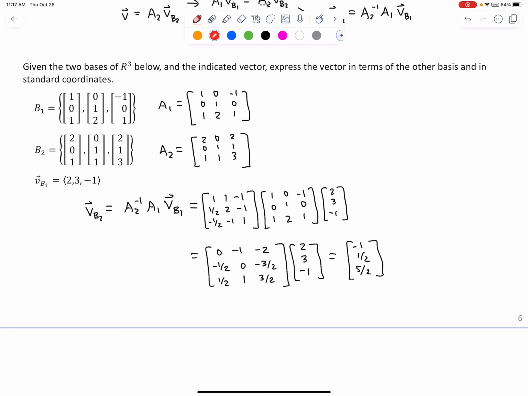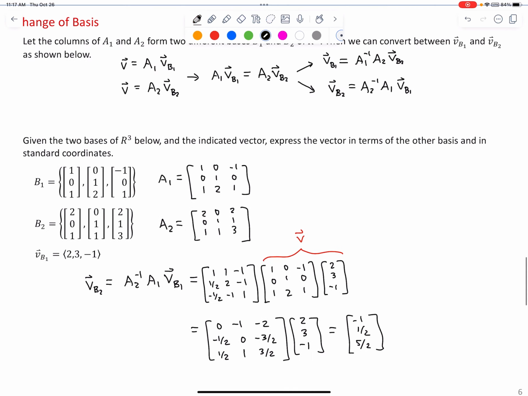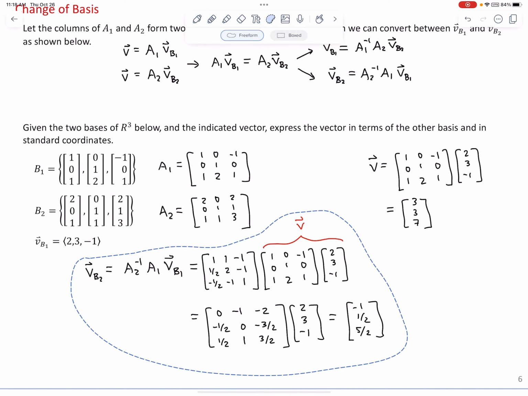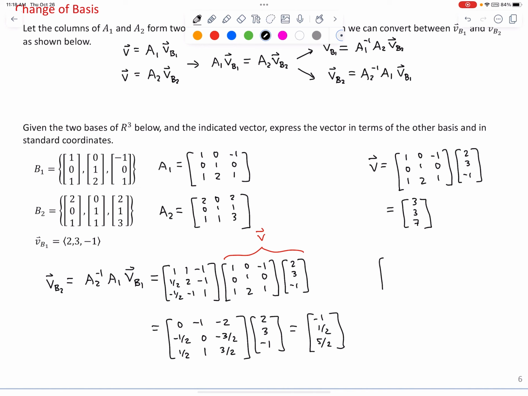Now, had I done this product first, that would have produced the standard coordinate vector, which is basically doing this formula right here. And this product gives us 3, 3, 7. So in summary, we have that the vector in question in standard coordinates is 3, 3, 7.